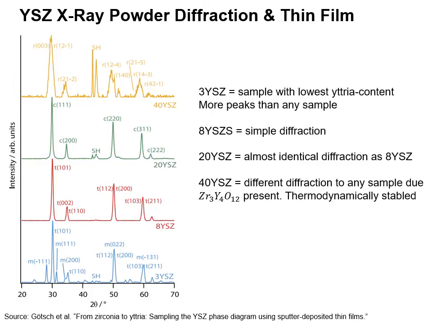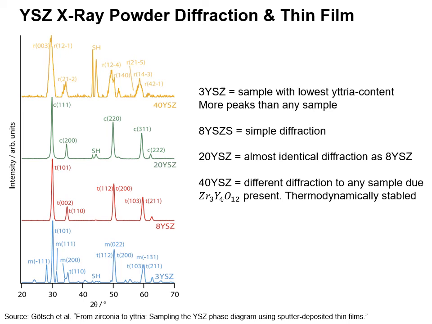Here you see your peaks and valleys, your 2 theta versus intensity. You see that the 3YSZ has the lowest yttria content, and that's why you have more peaks. Your 8% is more of a simple diffraction chart. The interesting aspect is that the 20% is identical to the 8%, which we find interesting.